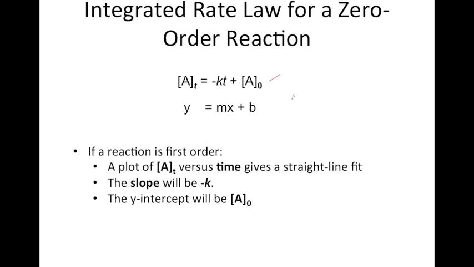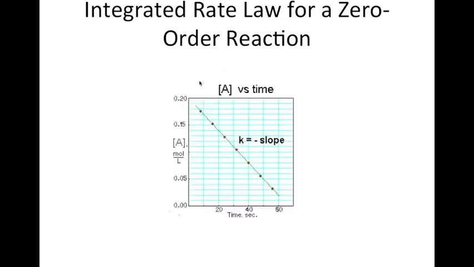The utility of writing it in this form is that if we were to draw a graph where on our y-axis we plotted the change in concentration at each time point, and on our x-axis we plotted the time, and our reaction was a zero order reaction, we would get a straight line. It would look something like this.